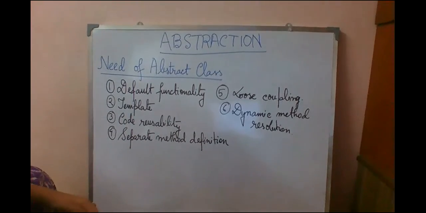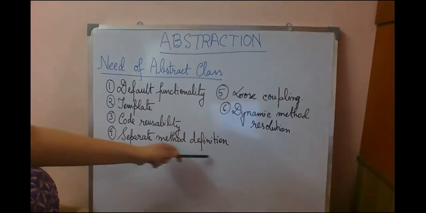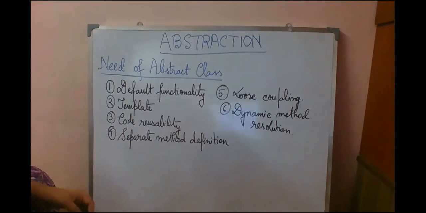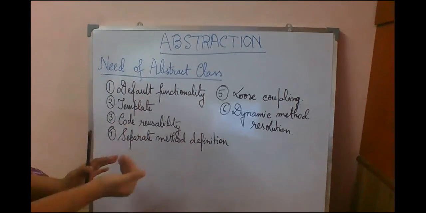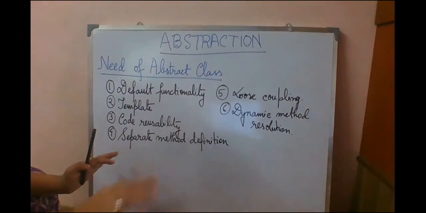Code reusability. Abstract classes allow code reusability. Now separate method definition. Abstract classes separate method definition from inherited subclass. One abstract class can be inherited by innumerable subclasses.